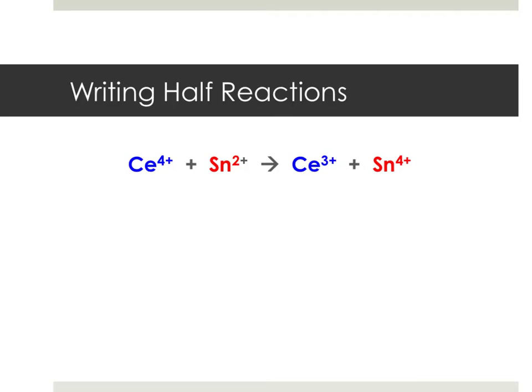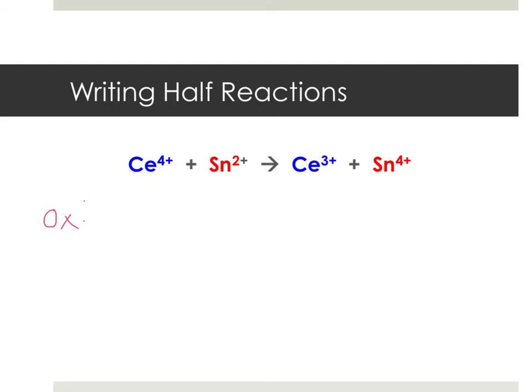Finally, we can represent oxidation and reduction through something called half reactions. This is exactly what it sounds like. We can write the half of the reaction that represents oxidation and the half of the reaction that represents reduction separately. Let's start with the oxidation half reaction.